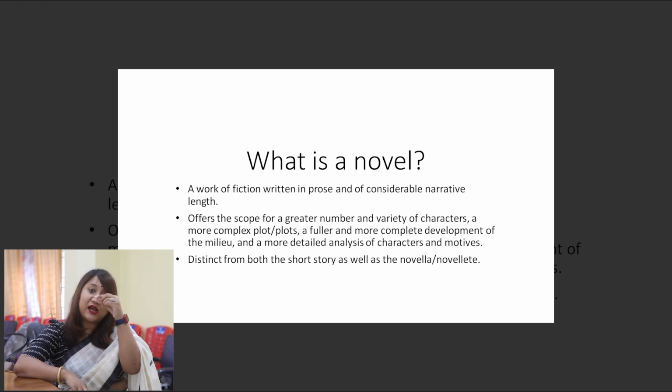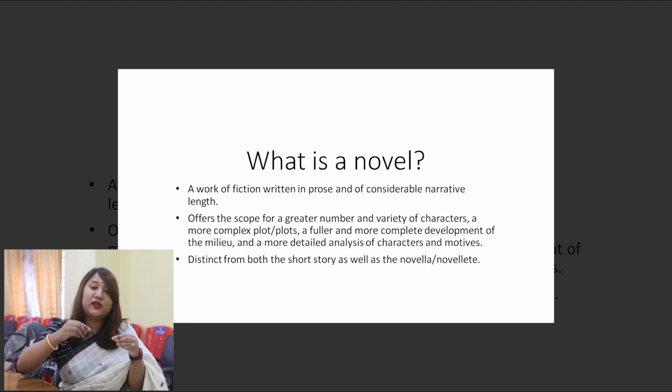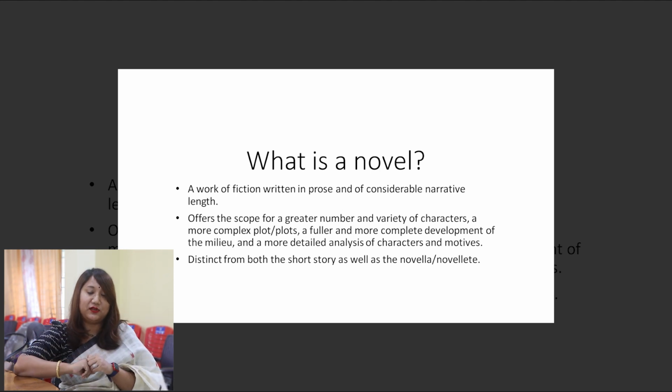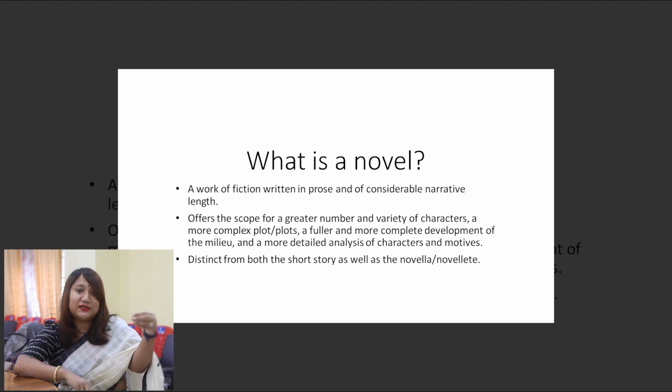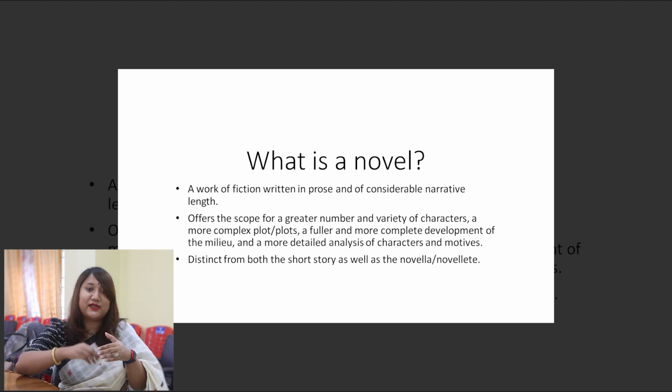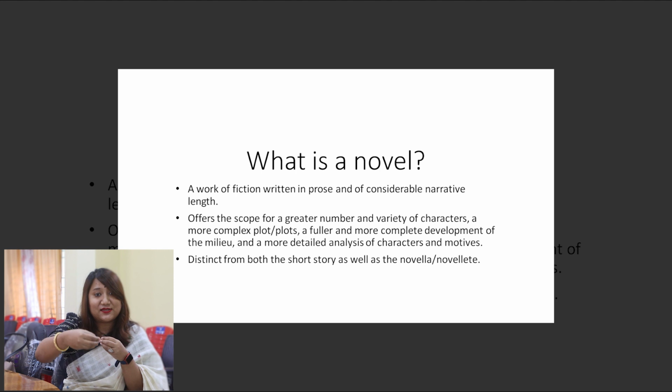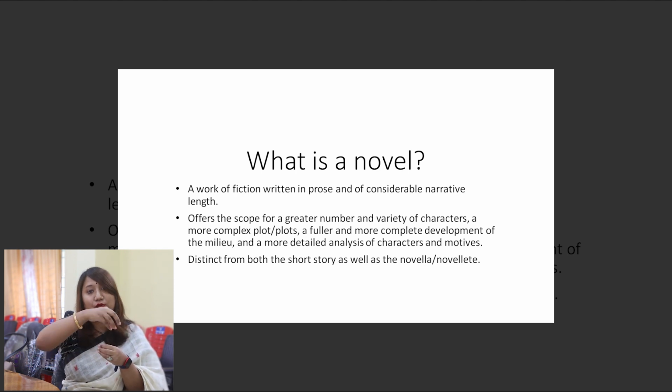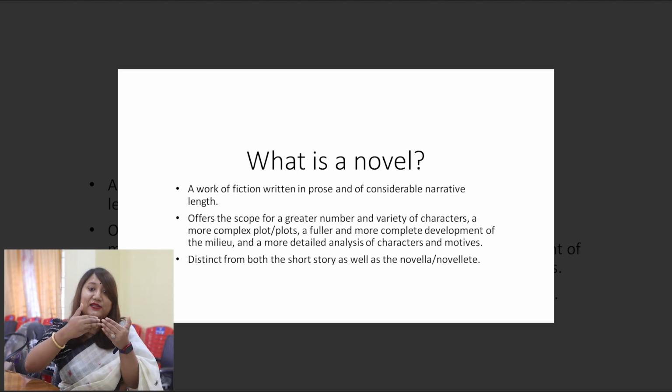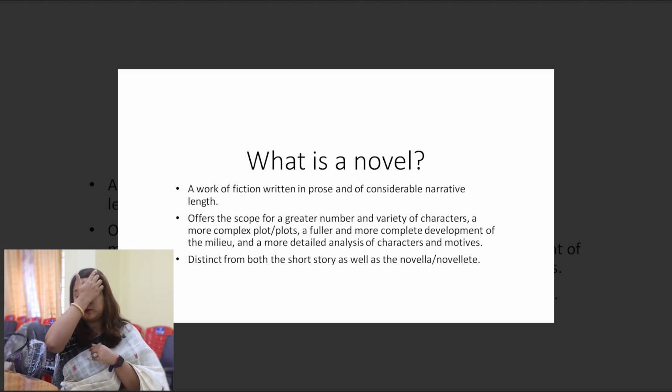Plot is the arrangement of the different events in a narrative, whereas story is simply the synopsis, simply the summary of what happens in the novel. Say this happens first, then this happens, then ultimately this happens. That is the storyline. Now plot is how you present the story to your readers, how you arrange the different events which will ultimately give you your story, right?